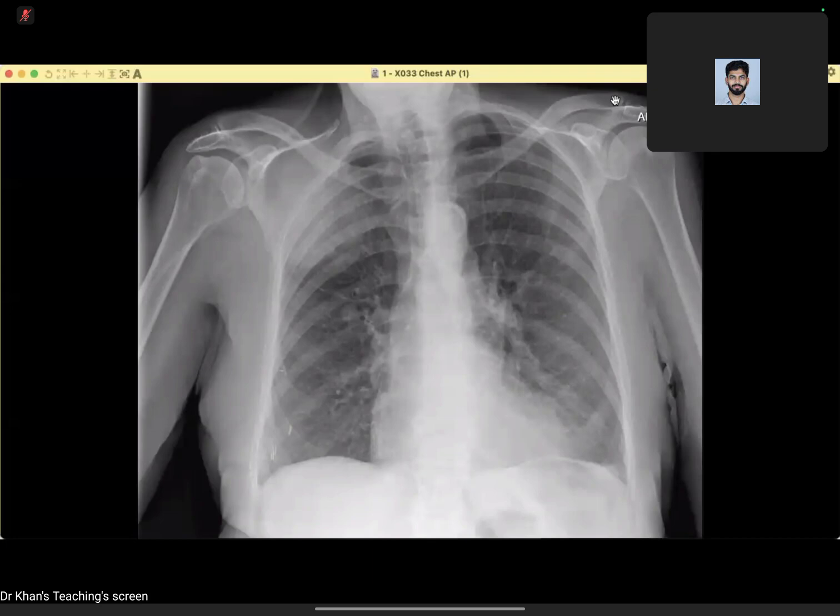I can't see any calcification within it, and the overlying ribs show some sclerosis compared to the left side. Other than that, I can also appreciate some surgical staples on the right lower lung field.